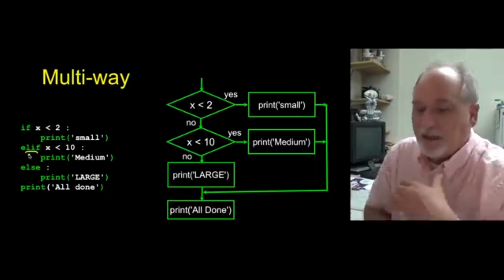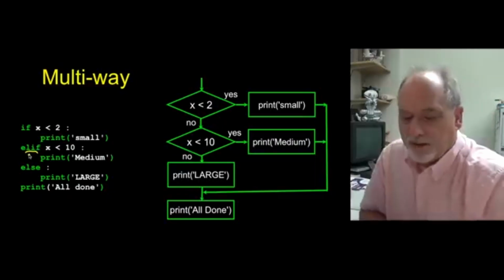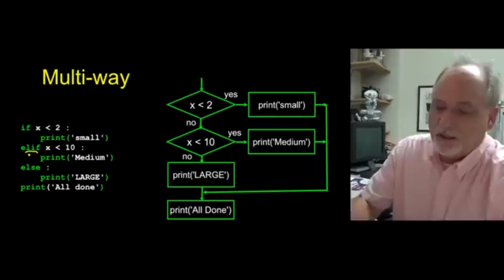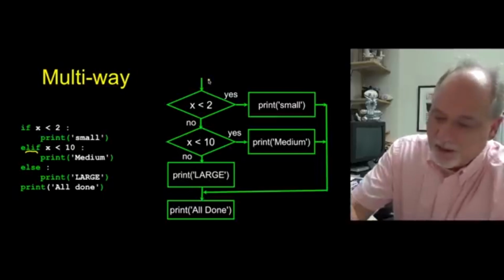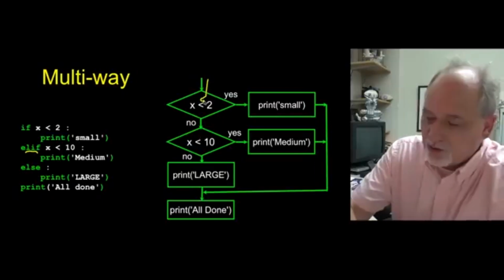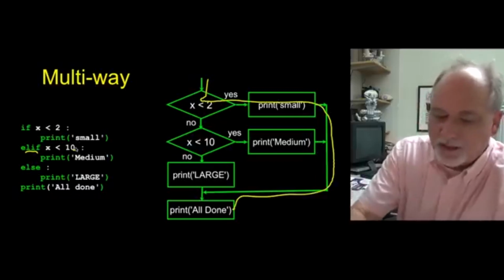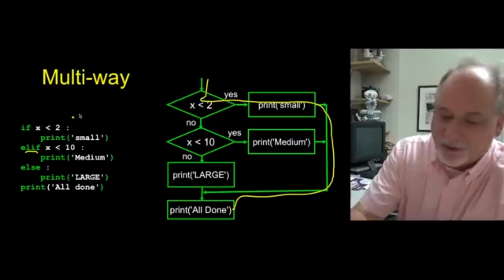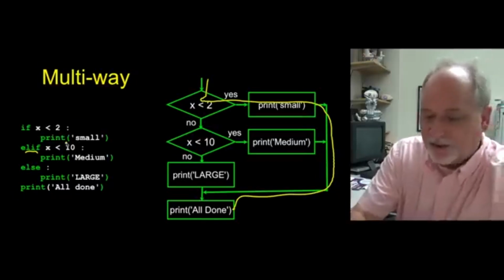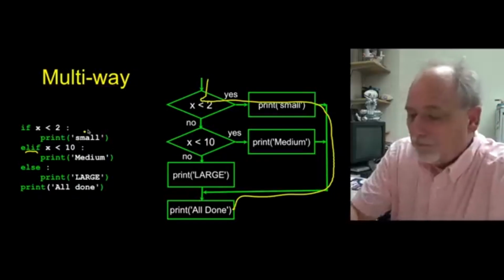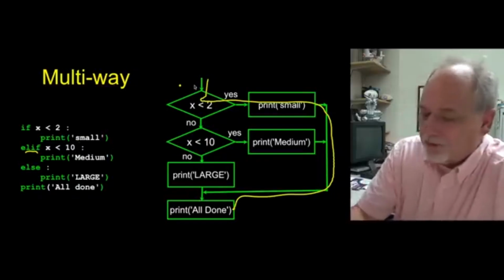The elif is another reserved word inside Python. And the way it works is it's probably best to look at this here. It checks the first one, and if it's true, then it runs that and then it's done. It doesn't check them all. It checks the first one, and how you order these matters, as we'll see in a bit. If the first one is true, it runs.